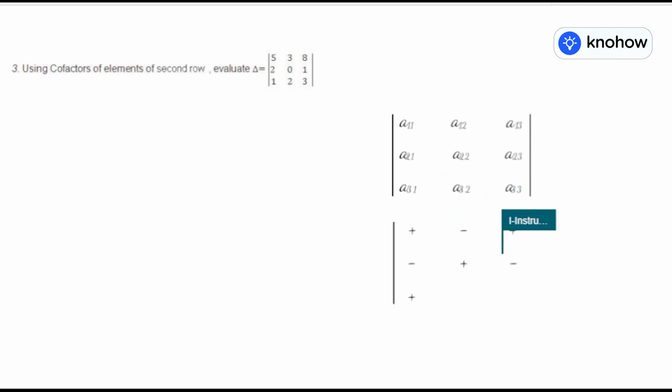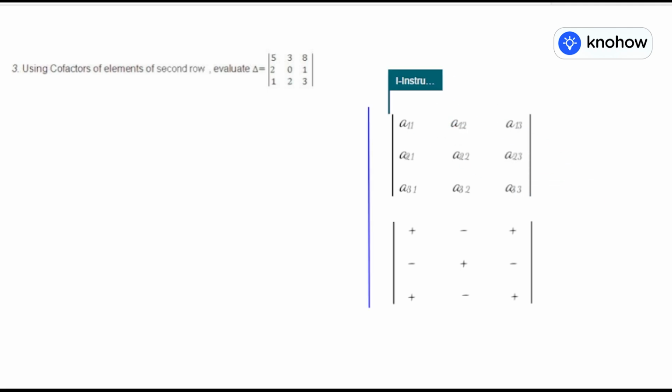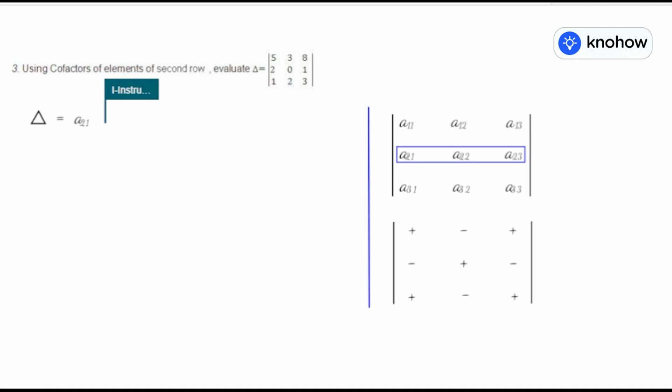Now, we have to find out the value of the determinant with second row. What are the elements of second row? A21 should be multiplied with the respective cofactor, that is C21, plus A22 multiplied with C22, plus A23 multiplied with C23 will give you the value of the determinant.